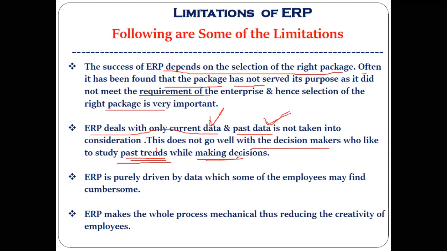Understood. But this kind of facility is not available in some kinds of ERP, as most of the ERP handle only the currently available data. Understood. So some kinds of ERP cannot handle the past data, historical data. That is also considered as one of the limitations.